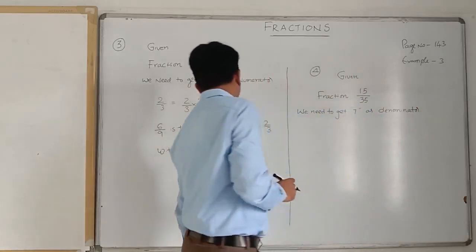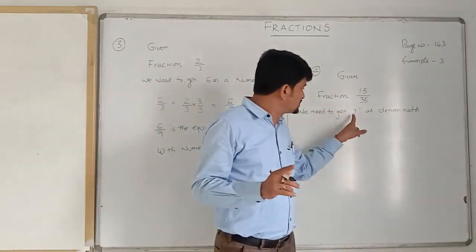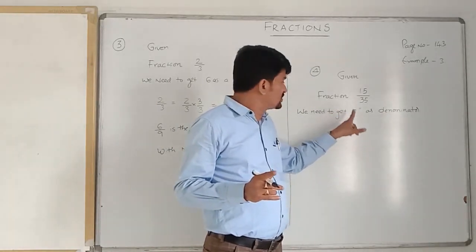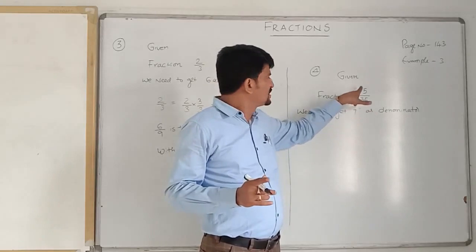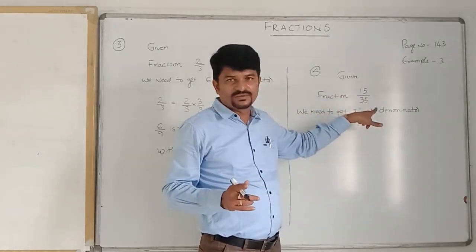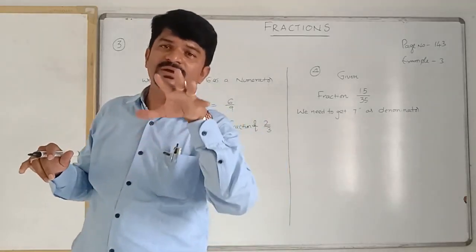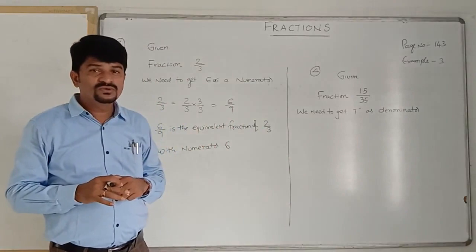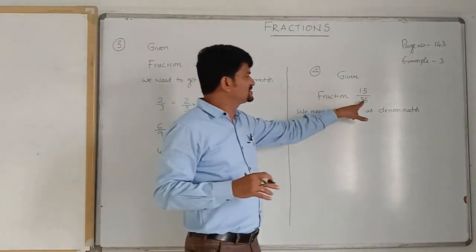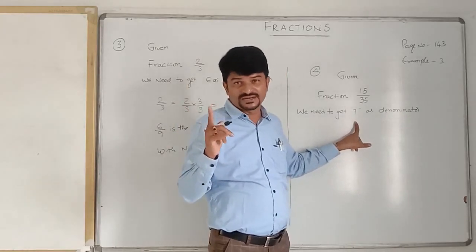Whenever conditions are given, what is the condition? 7 as denominator. Here you must compare this 7 with the given denominator of the fraction. Given denominator of the fraction is 35. So 35 is more than 7. So we cannot get 7 by multiplying. Then what we can do? We must divide this 35 with some other number. We will get 7. Am I right, children?